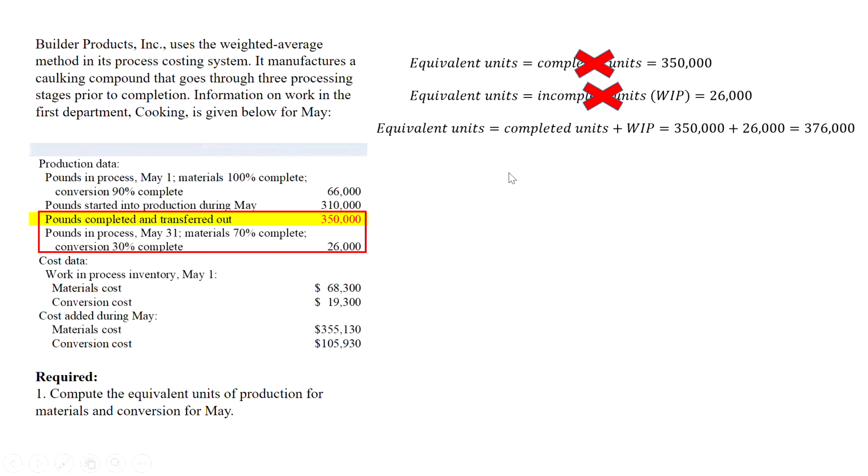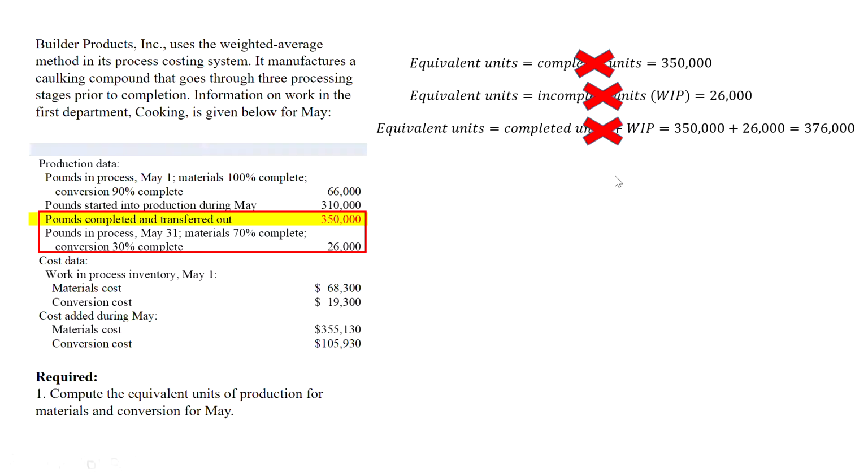Well, maybe it's the completed units plus just the raw number of ending work in process pounds, and that would be 350,000 plus 26,000 equals 376,000. Maybe that's what we divide into the total cost to get unit costs. We're getting closer, but that's yet another strike.